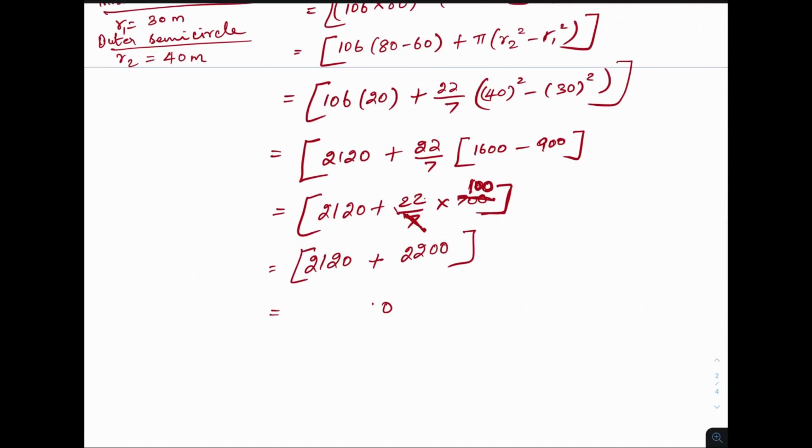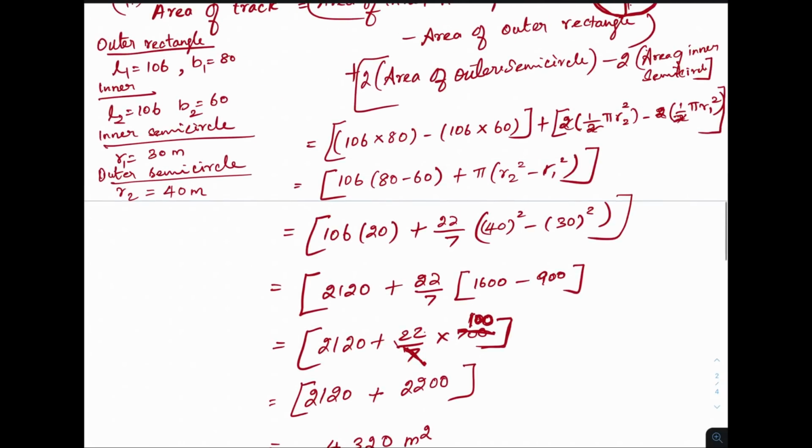So we can add, and this will be 4320 meter square. Here we had 2 times of the outer and 2 times of the inner semicircle, so all these cancel.